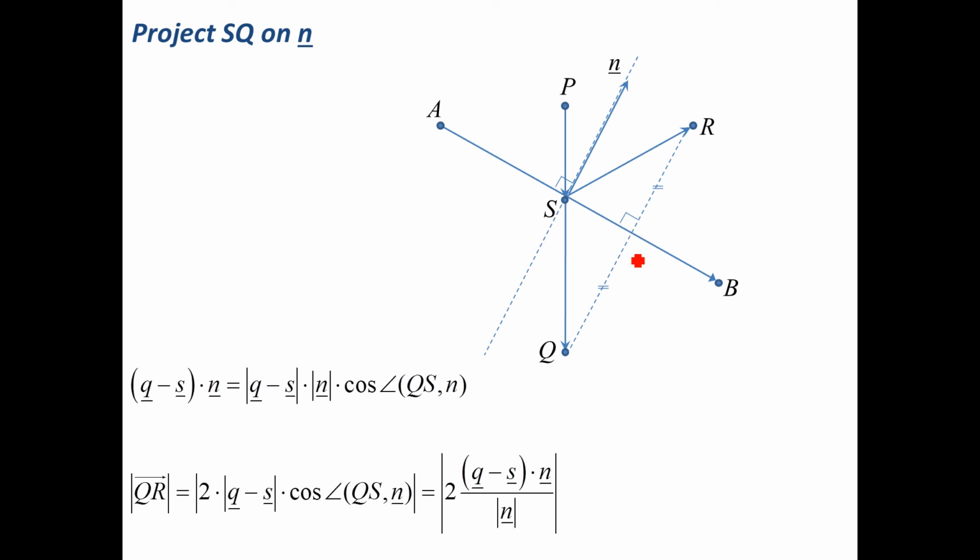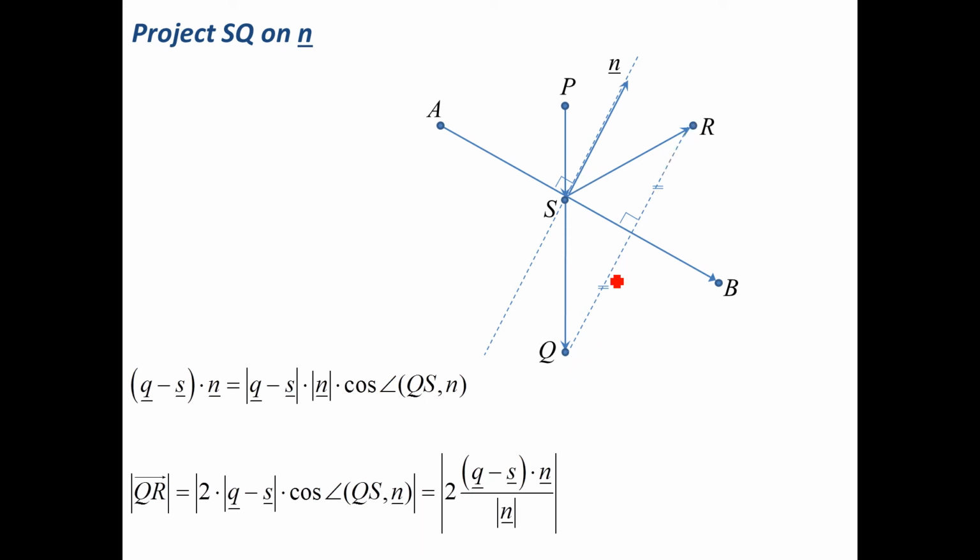This length is the same as this length, and we can see that this is half the distance from Q to R. So if we multiply this by 2, then we get the actual length of QR. And if we multiply this QR by the vector n divided by its length, because we want the length QR but the direction of n, we take the direction n, divide by its length so we have a length of 1, and multiply it by this length.